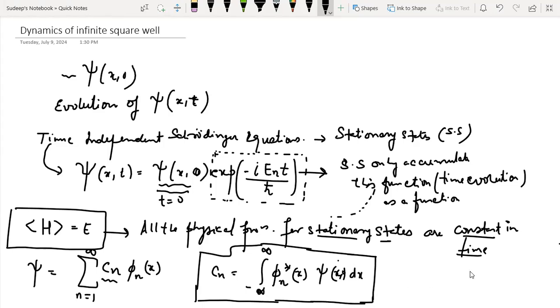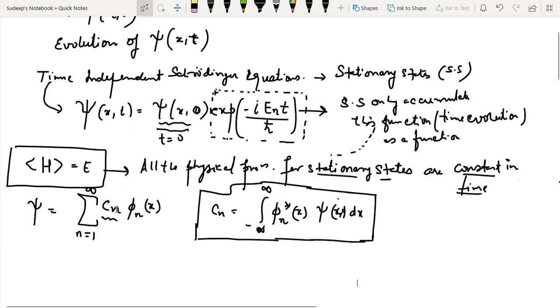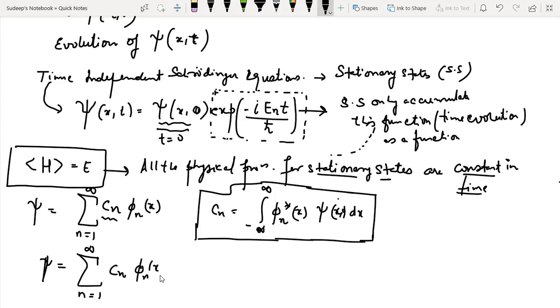Since I can express this wave function, a stationary state, in terms of a linear combination of various eigenkets, if I want to write how my state evolves, I can simply write psi(x) equals the summation from n equal to 1 to infinity of Cn phi n(x), and then multiply by the time dependent term, exponential of minus iota E_n t upon h bar.